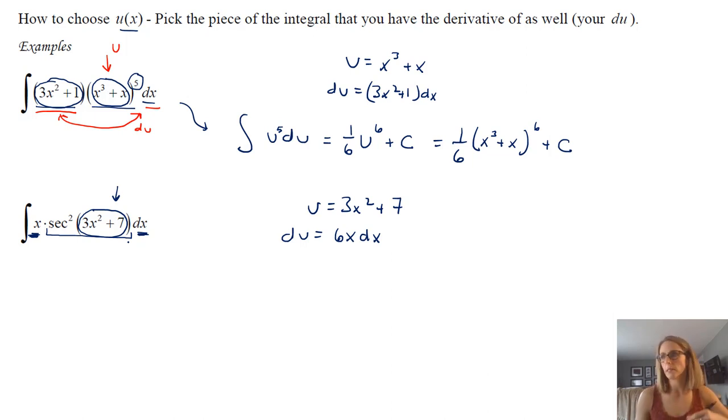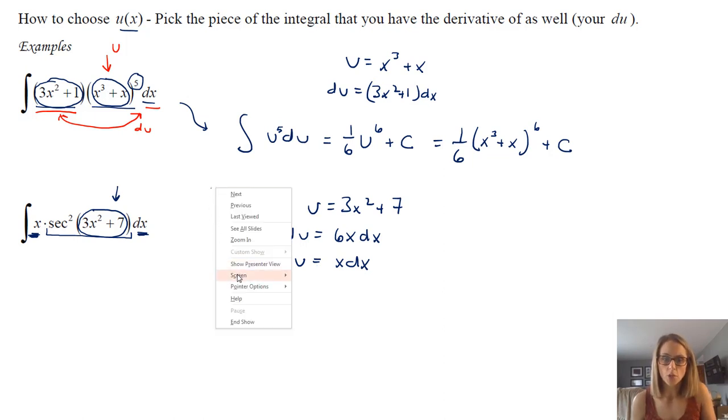And what we know about constants is they can come outside of an integral, so they can be moved around. So one thing you can do, and different instructors do talk about this differently, you might see something slightly different in another book, just so you know, is I can divide both sides by 6. And so now I have x dx. That's 1/6 du. And I have u being 3x squared plus 7.